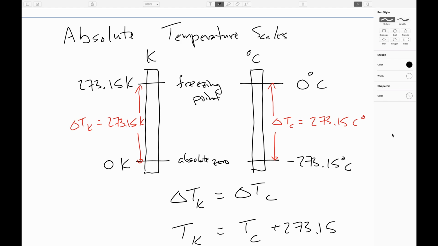Now, under the latest and greatest definition, when the definitions changed in 2019, defining it using an upper and lower reference point has been replaced with something completely different.